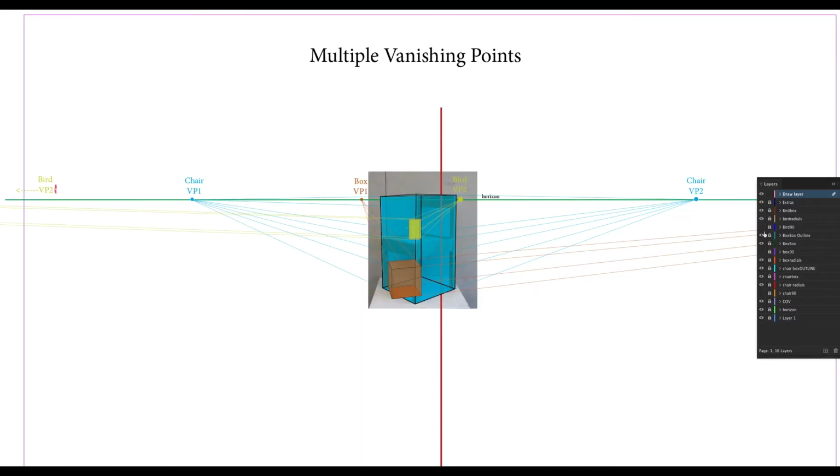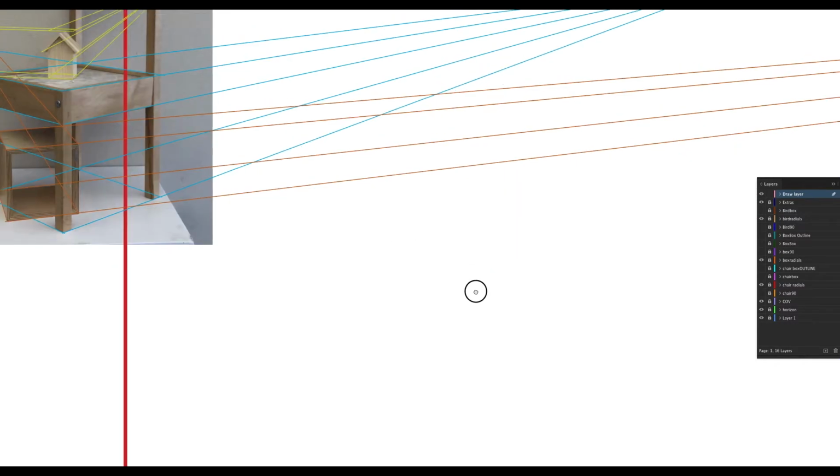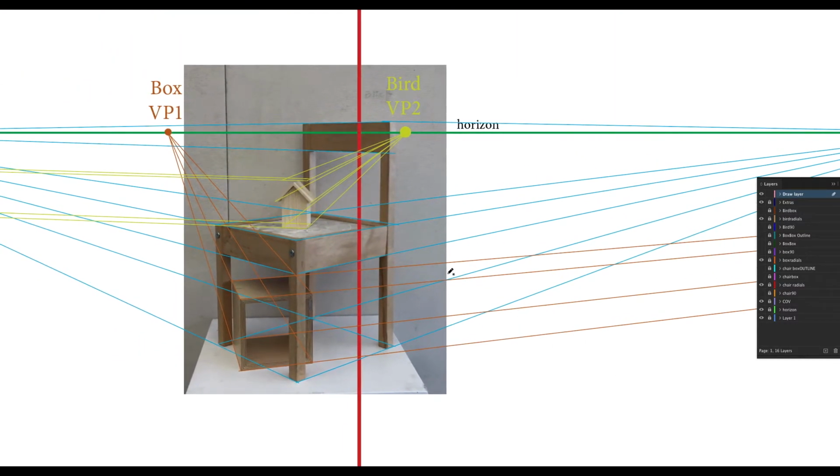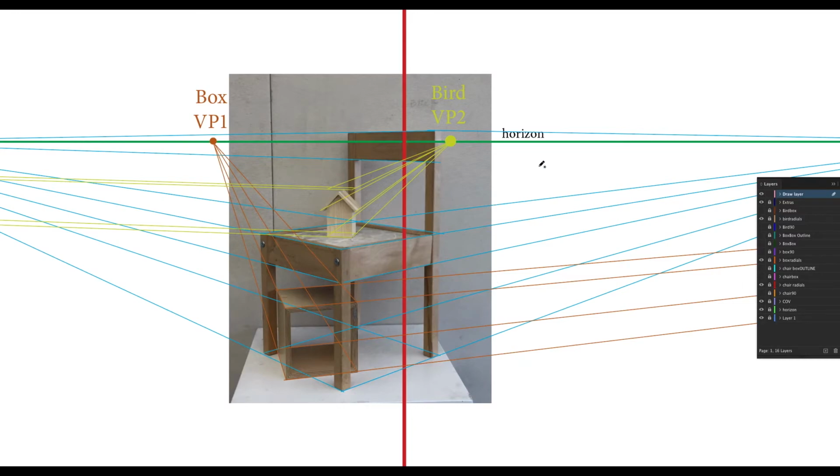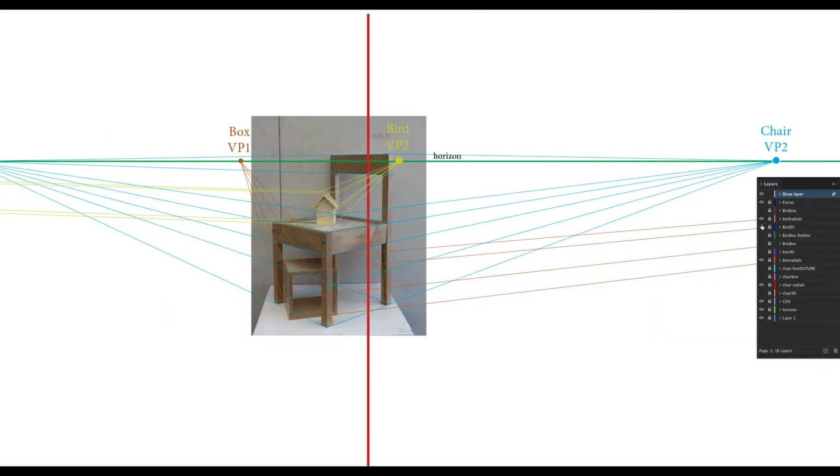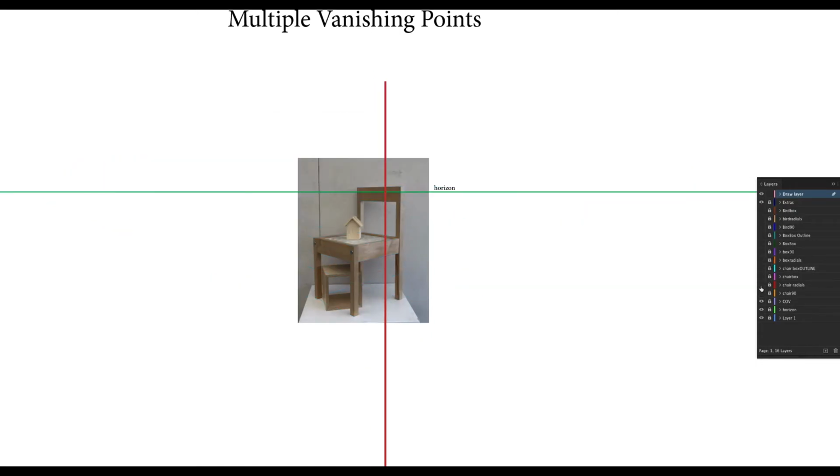So I hope you can see this. I'm going to remove our box outlines. Again, we've got a horizon, we've got a center of vision, we've got one set of vanishing points for the chair.